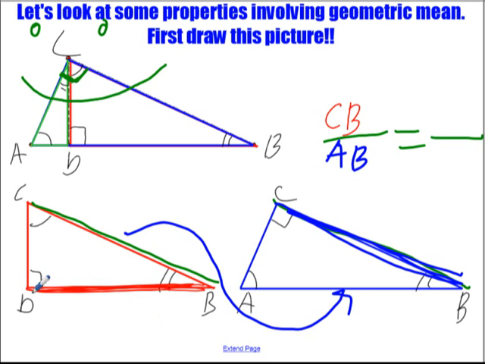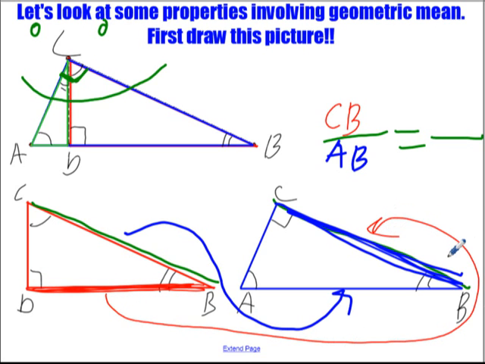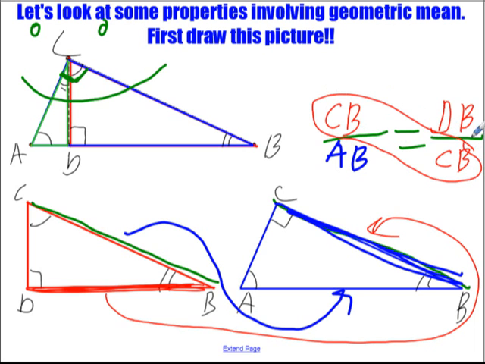So the long leg in this one corresponds with the long leg in this one. So we can say that DB corresponds with CB. Okay? And you see here that CB appears twice because it's a side of both triangles, but it doesn't correspond with itself, which is kind of a weird concept.